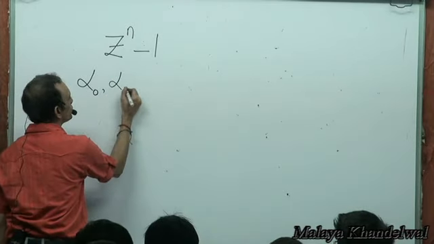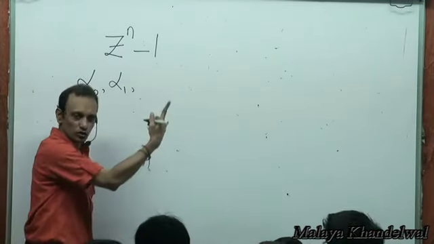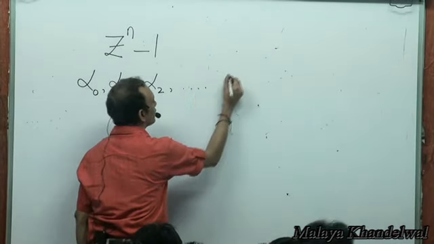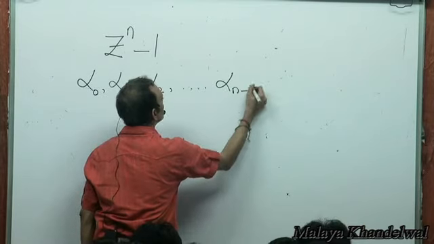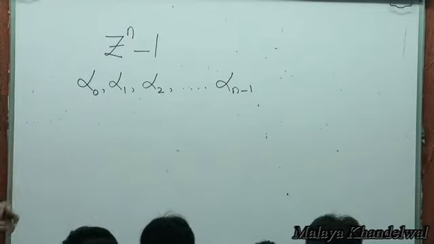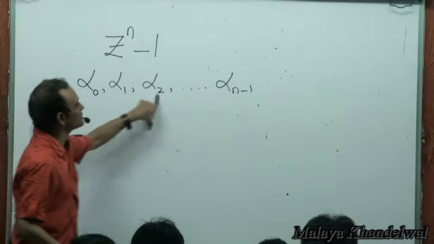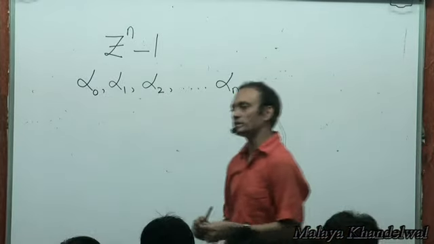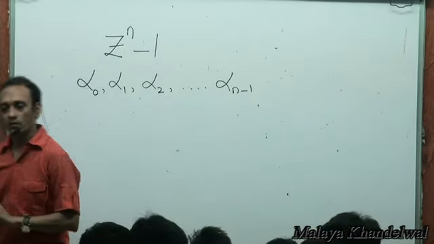Then alpha 1 would be another root for k equal to 1, z1. Alpha 2 would be z2. Alpha n minus 1 would be zn minus 1. These are the various n roots of unity. z0, z1, z2. This time I am calling them alpha 0, alpha 1, alpha 2, alpha n minus 1. All right.